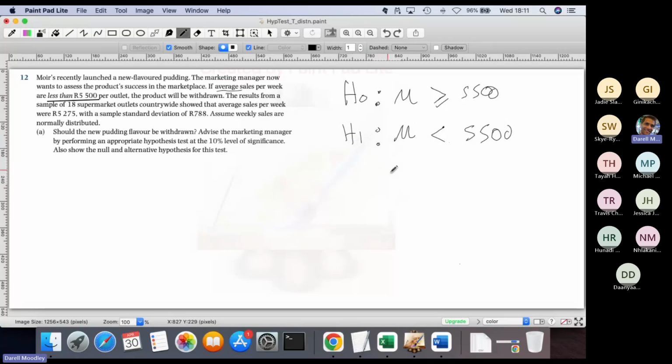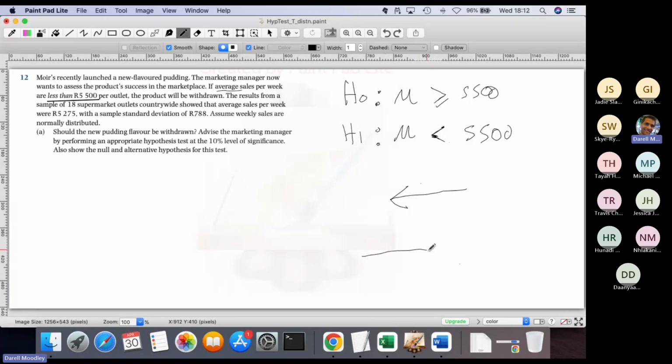And how you know whether it's an upper or lower tail test, this is how I remember it. I always let the sign of H1 tell me where the rejection region is. I think of it as an arrow. H1 symbol is this, so if I think of it as an arrowhead, it's pointing to the left.